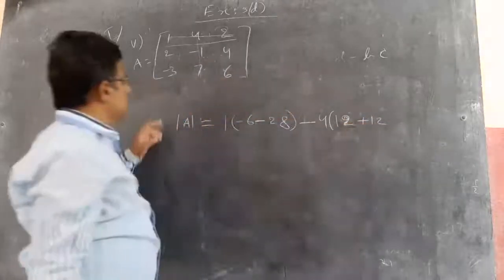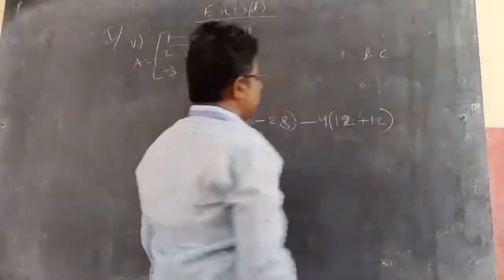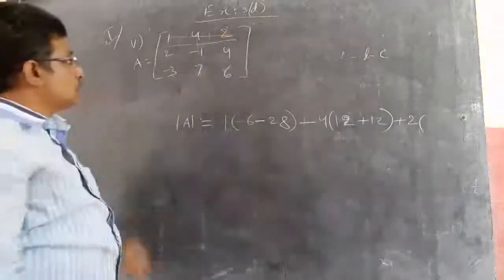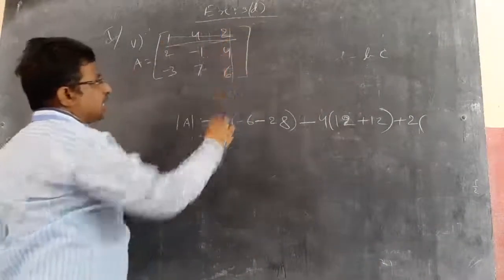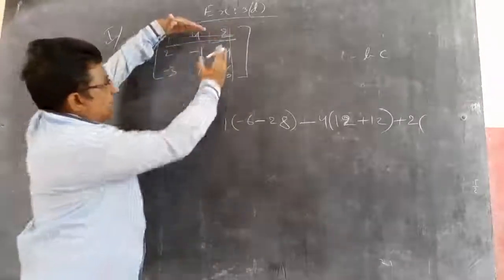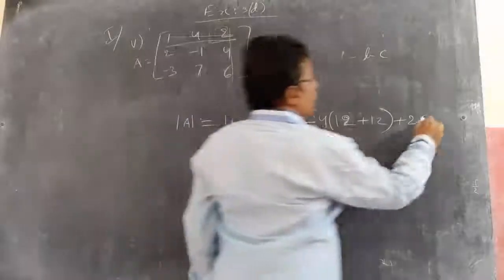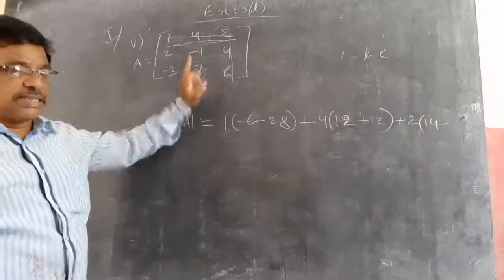Again plus 2 into, closing this row and this column, left out is this: 7 twos are 14, minus this, minus 3 into minus 1 is plus 3 only.